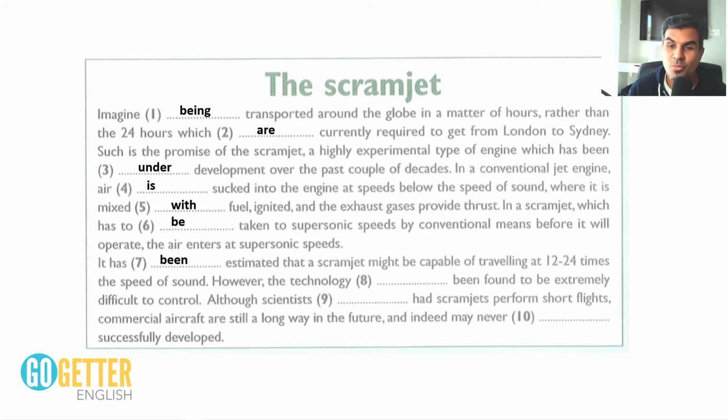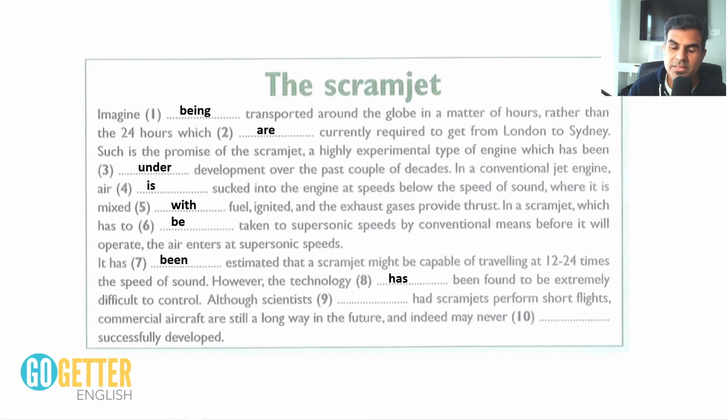Now over here, what we are missing is the auxiliary verb that completes that passive, which is none other than has. Although scientists have had scramjets perform short flights, commercial aircraft are still a long way in the future.